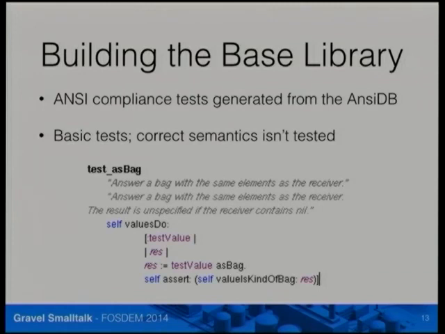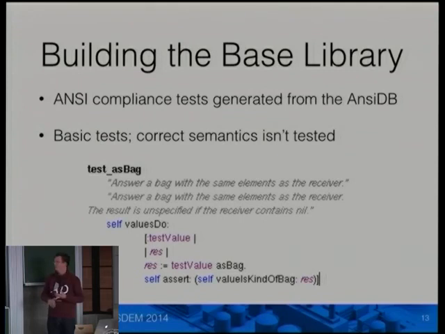It runs with some example values. So this is the test for the selector called asBag, and certain kinds of objects should be able to respond to a message like that. Things like an ordered collection or an array or other collection types. So self values will iterate over some example values.